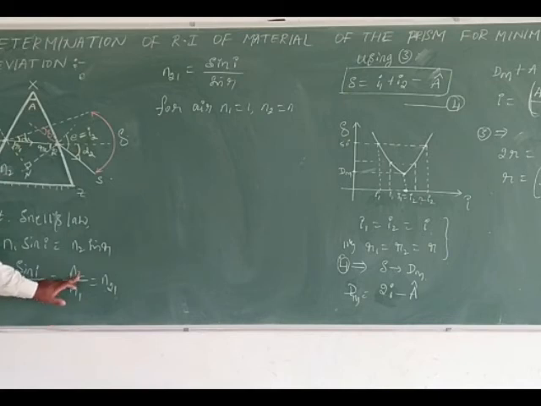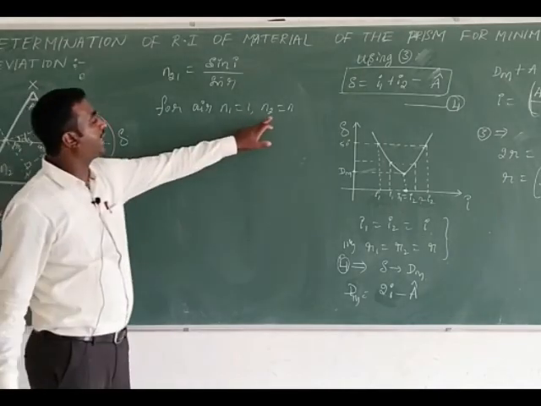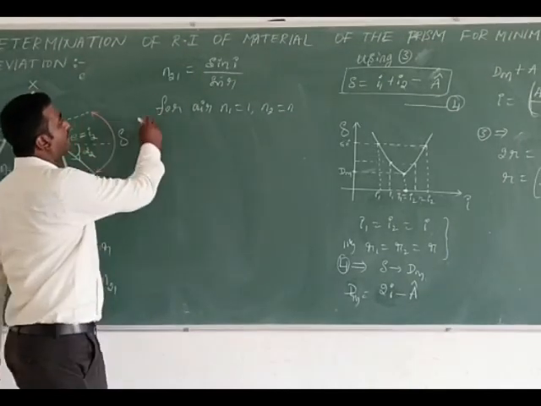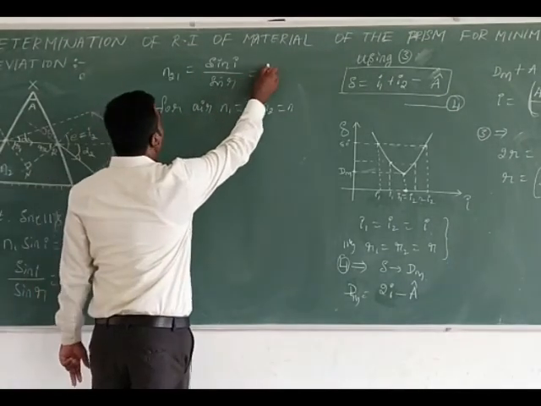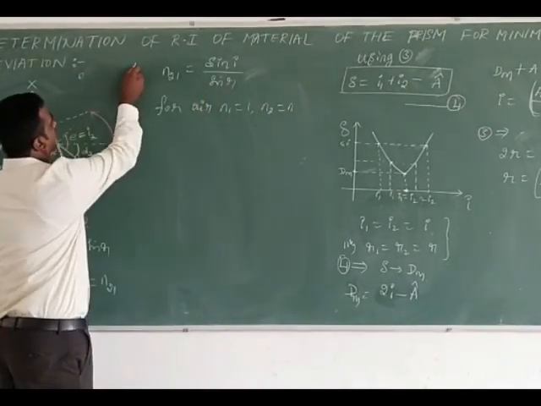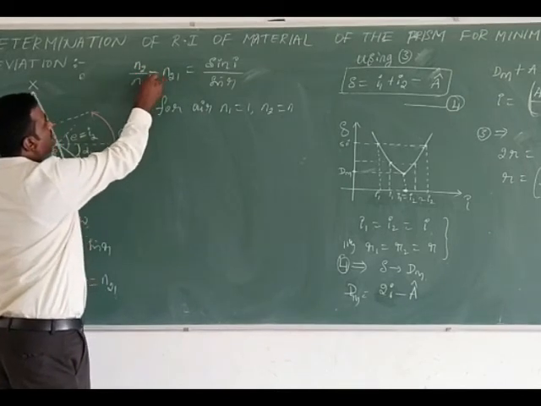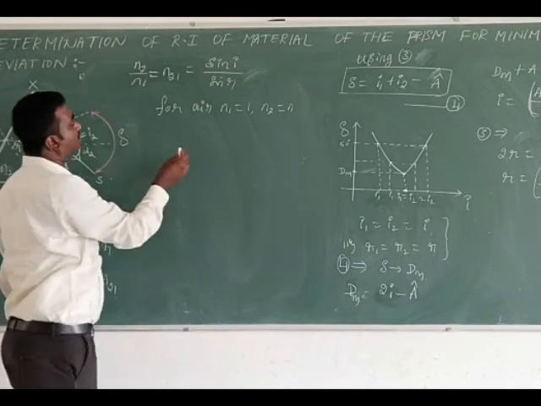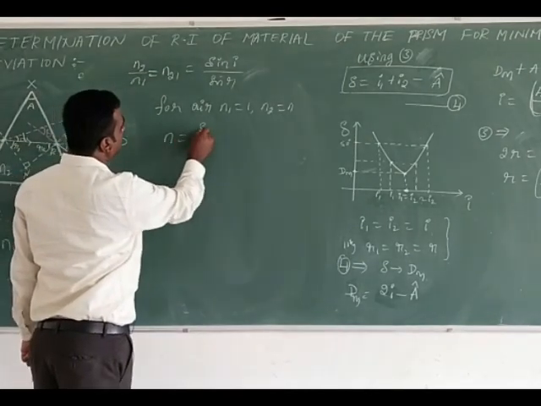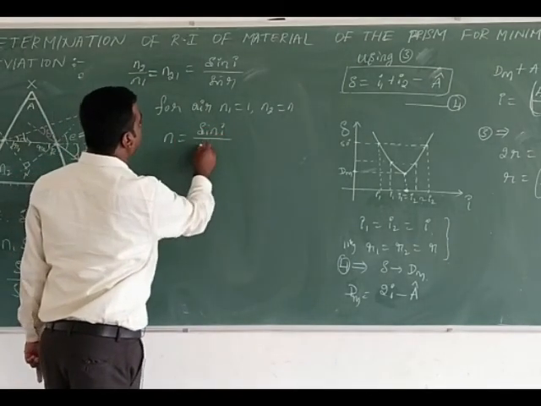So this formula becomes n2 divided by n1, where n2 is equal to n and n1 becomes 1, so n is equal to sin I divided by sin r.